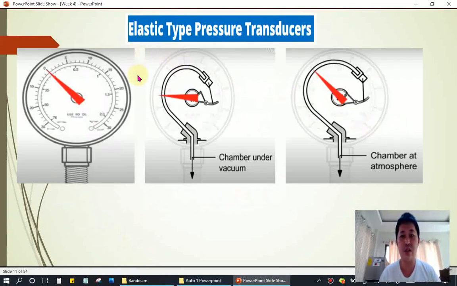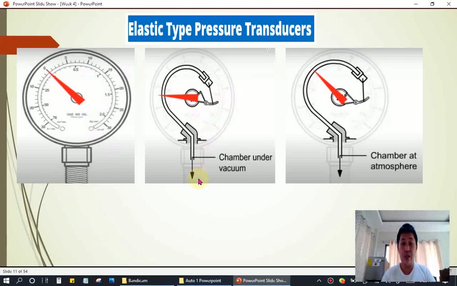So this is an example of the elastic type pressure transducer. As you can see here, this looks like a Bourdon pressure gauge. This is a front view where you can read the pressure. But inside, we will see this one. We will remove the back cover of this elastic type pressure transducer.